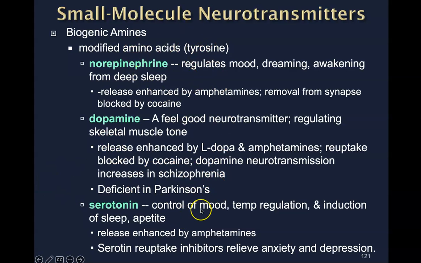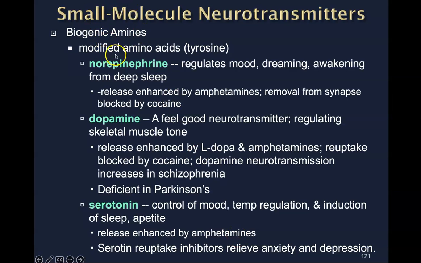So you can see all three of these are associated with mood. And then serotonin actually impacts your temperature regulation and induction of sleep. So again, it helps you to actually fall asleep. And then it also helps control appetite. So again, serotonin's release is going to be enhanced by amphetamines.